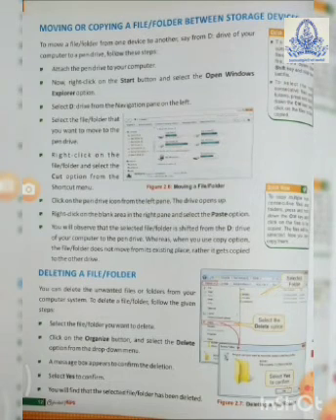If you use shift delete on any file, it will be deleted permanently. If you only use delete, then it will be stored in the recycle bin. And if you have deleted your files wrongly, you can easily recover them if your file is there in your recycle bin. Okay.